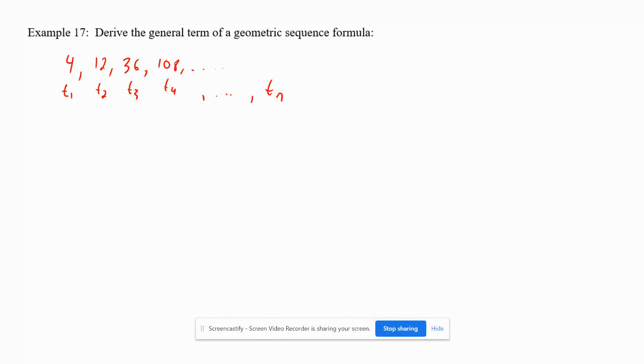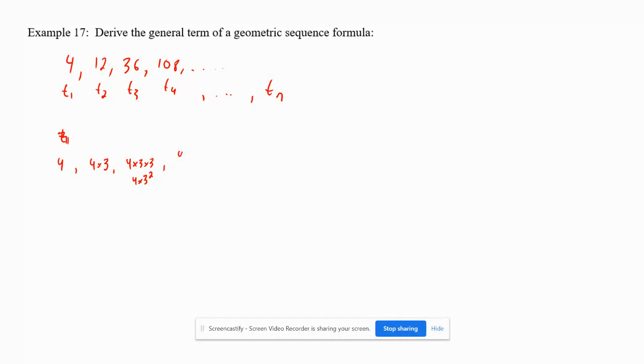How do we get this number? This one was just T1, which is 4. This number was 4 times 3. This number was 4 times 3 times 3, or 4 times 3 squared.